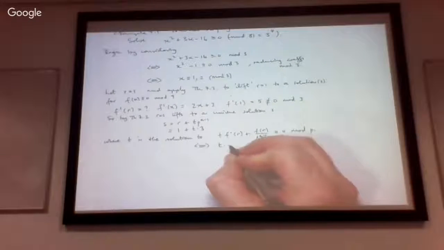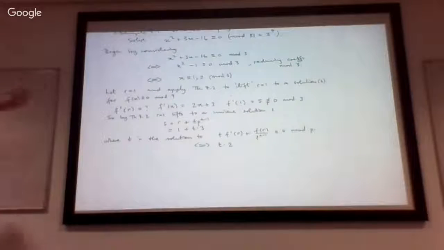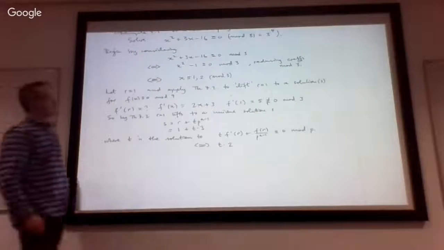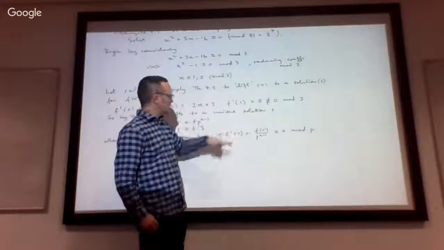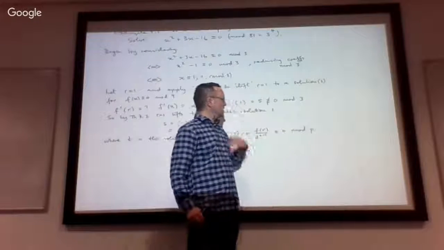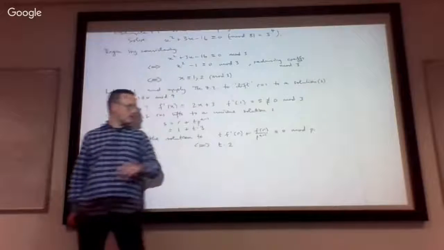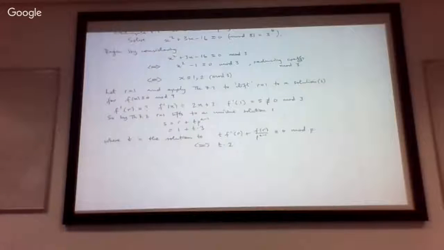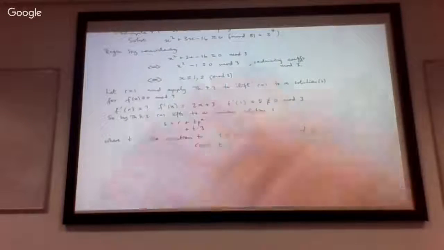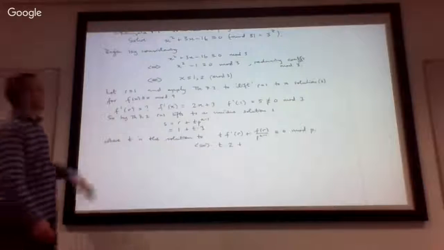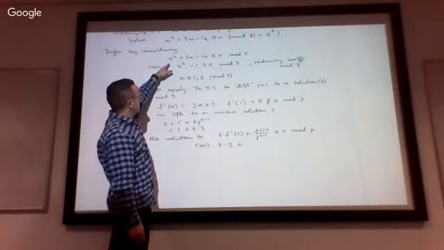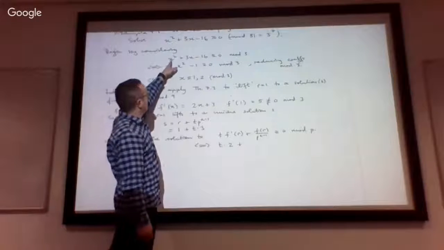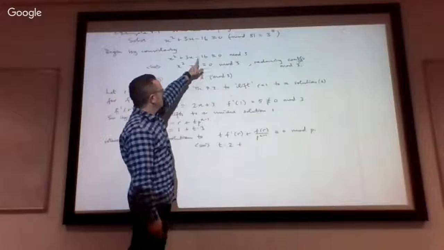Well, f prime of r was 5, but a simpler representative of it is 2. I'm considering it modulo p, modulo 3, so I'll choose the simpler representative 2. f of r, so that's the original value, f of 1. So what was that? That was the minus 12, 1 plus 3 minus 16.